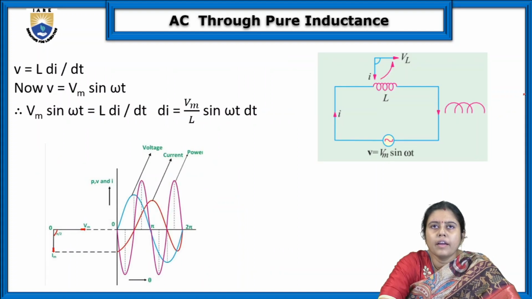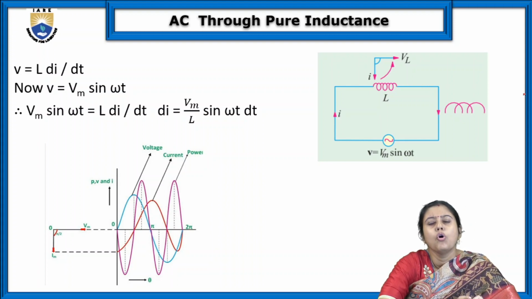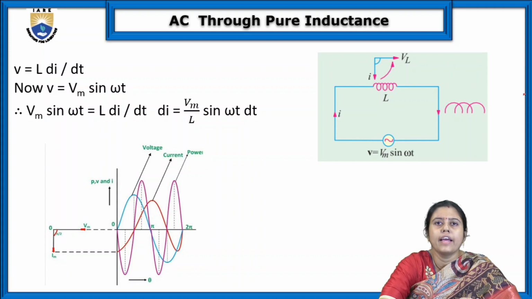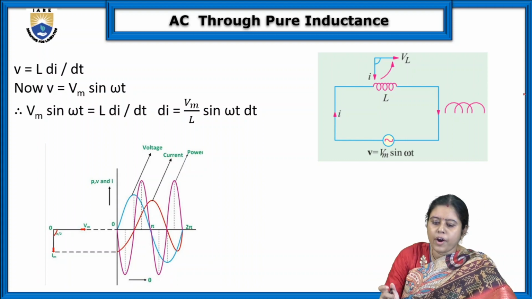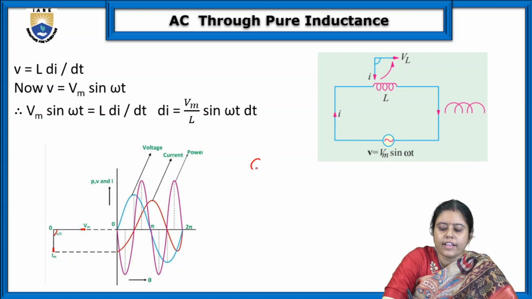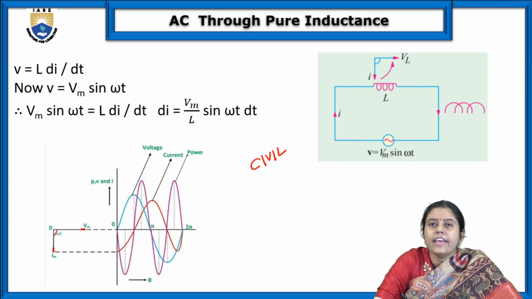So now we will discuss AC through pure inductance. What will happen if the AC flows through a pure inductance? As I told yesterday, there is one rule that is called the CIVIL rule. What is the CIVIL rule? It tells that in a capacitor, I is always leading and V is always lagging.